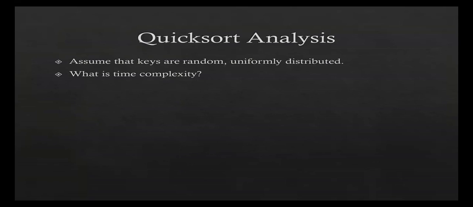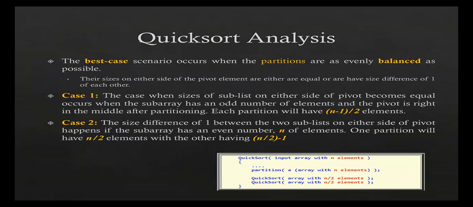So we can assume that the keys are random and the elements are uniformly distributed. So what will be the time complexity in that case? There are two cases we will consider. One is the best case, another one is the worst case. The quicksort best case occurs when the partitions are as evenly balanced as possible.